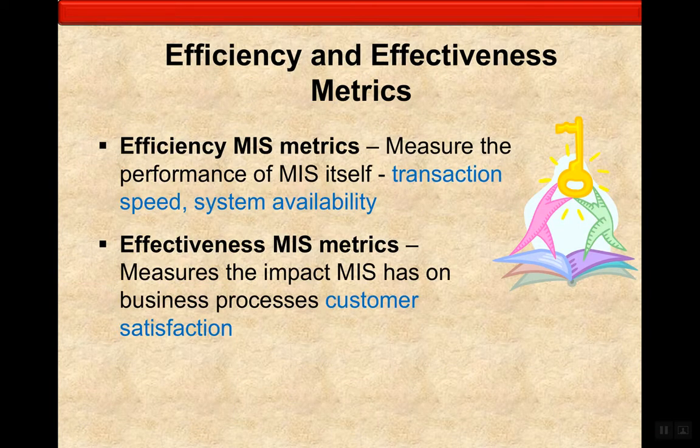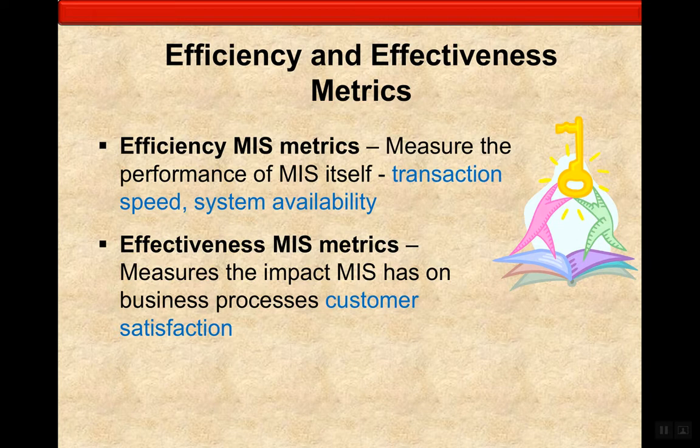Another thing we talk about as we look at KPIs and metrics is the idea of efficiency versus effectiveness. All right. So efficiency is measuring the performance of something. In this case, within MIS or information systems, what is the performance of the MIS?